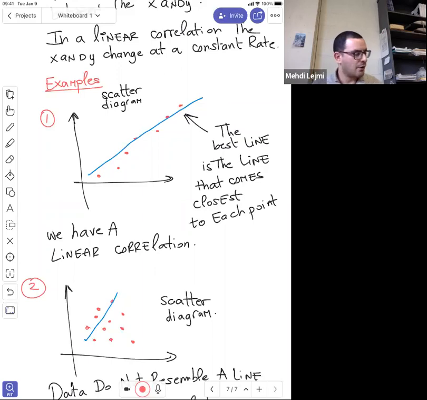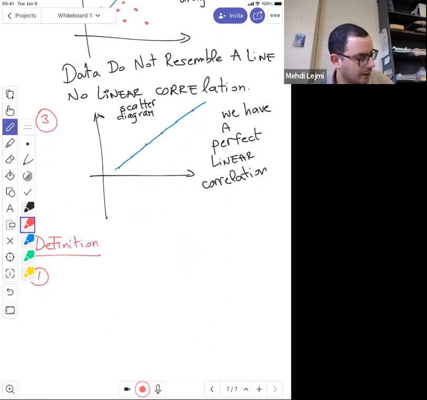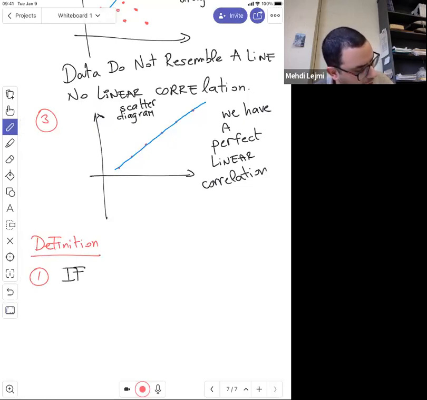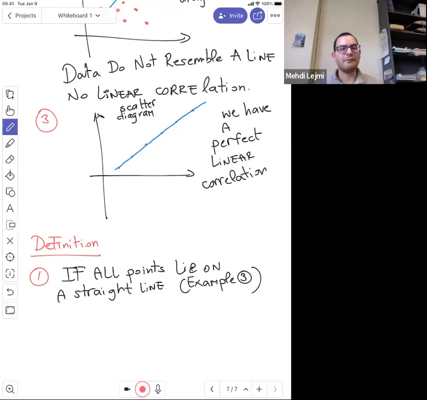So we can take this as a definition. If all the points lie on a straight line, like example 3, then we have a perfect linear correlation.